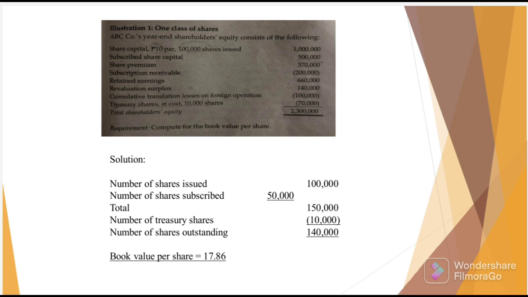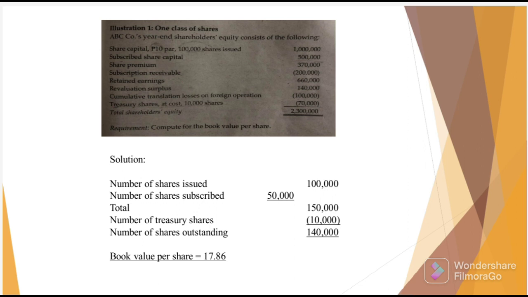So, ang solution ay number of shares issued na 100,000 na makikita sa share capital, 10 par with 100 shares issued. Number of shares subscribed, 500,000 divided by 10 par equals 50,000. So, a total of 150,000. Less number of treasury shares na 10,000 equals 140,000, and that would be number of shares outstanding.